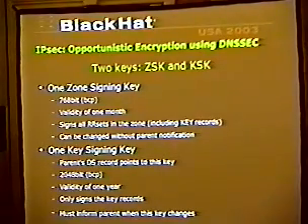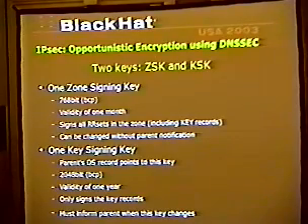So, for instance, you keep the key signing key for a year. You only need to talk to your parent to create a new DS record once a year, and you can still cycle your zone key 12 times a year if you want to. How this works is the key signing key signs the zone signing key, and because the key signing key is trusted by the DS, the zone signing key is trusted to sign the data in that zone.